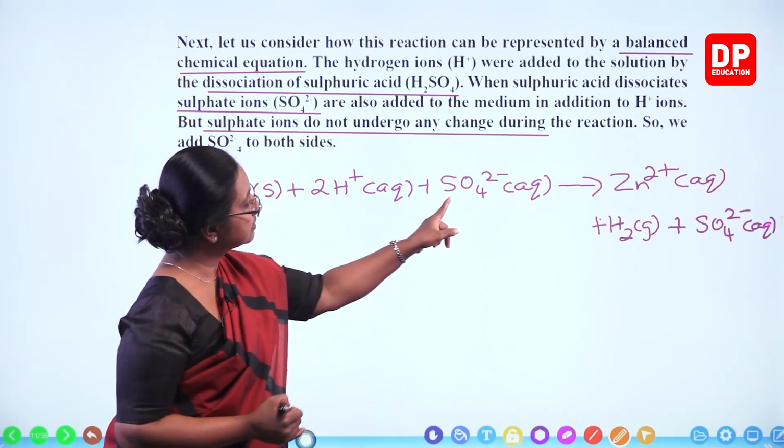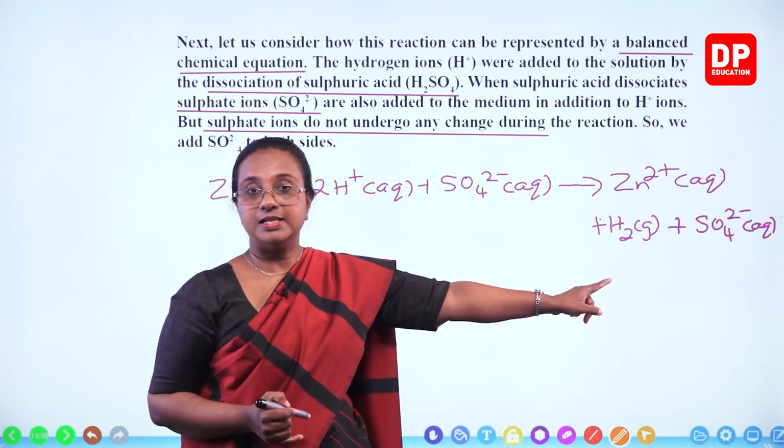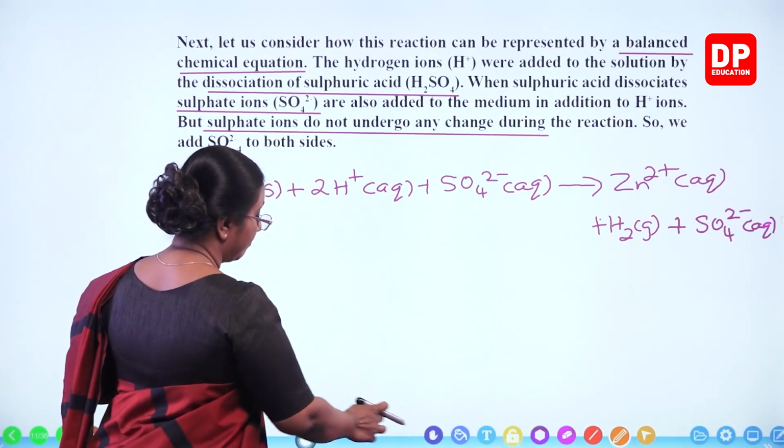So you add SO4 2 minus aqueous to both sides because they are there in the medium. From that, what do you get?